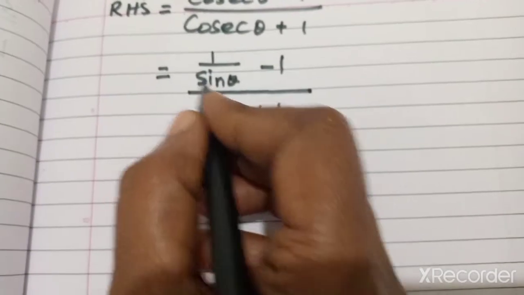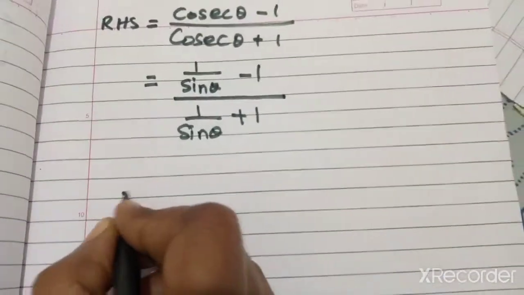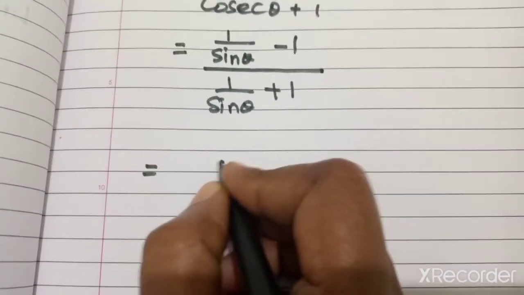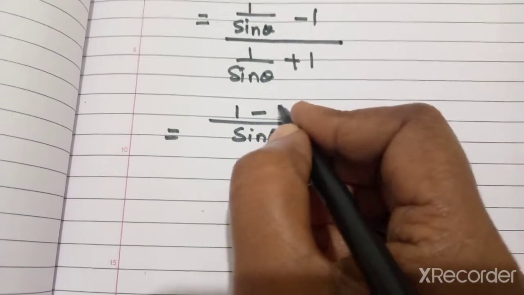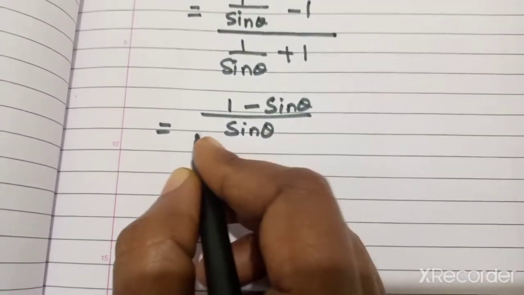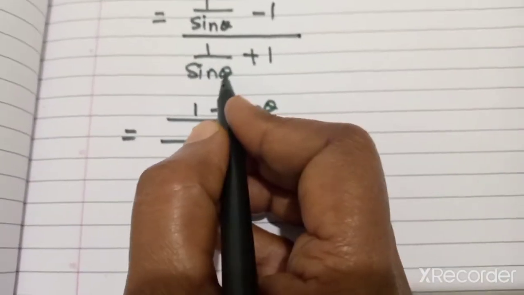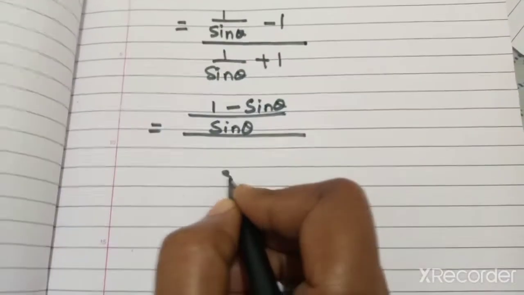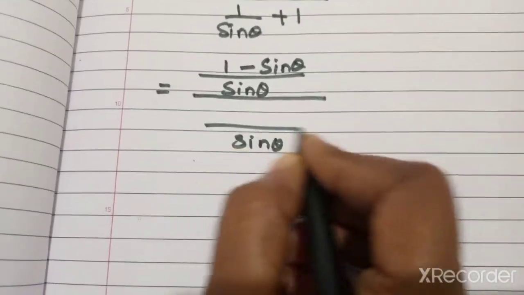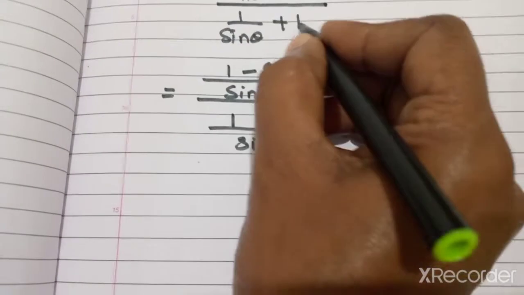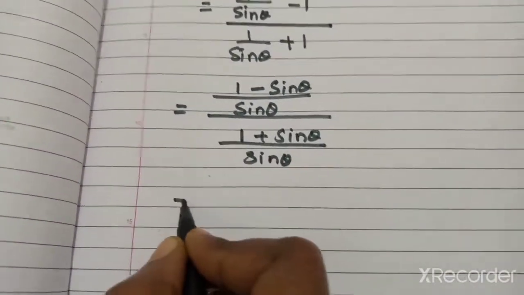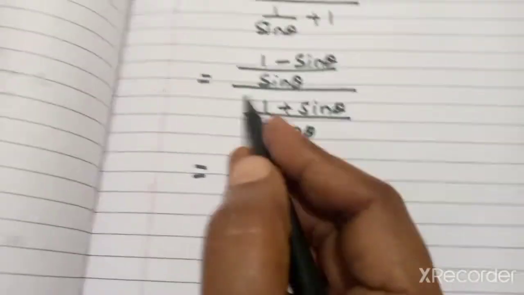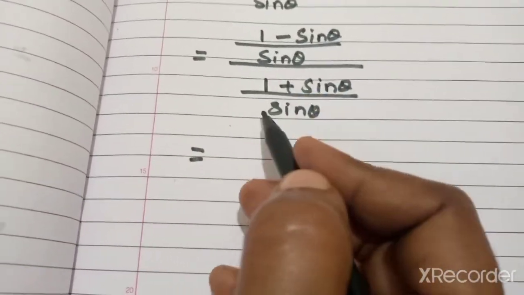Okay, now let us take the LCM. What is the LCM of the numerator? Sin theta is the LCM. Sin theta here, 1 minus sin theta over sin theta, divided by this denominator term also. Let us take the LCM, sin theta is the LCM. So the numerator becomes 1 plus sin theta over sin theta. Here also let us change this division into multiplication.